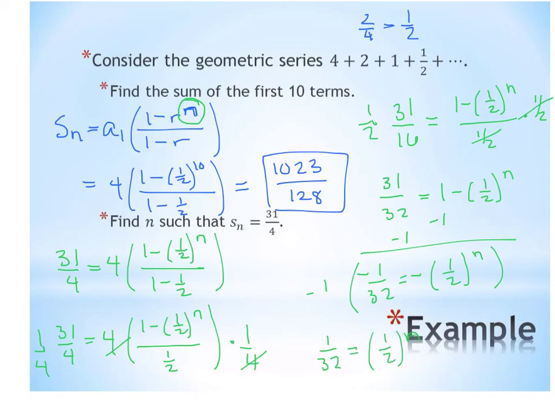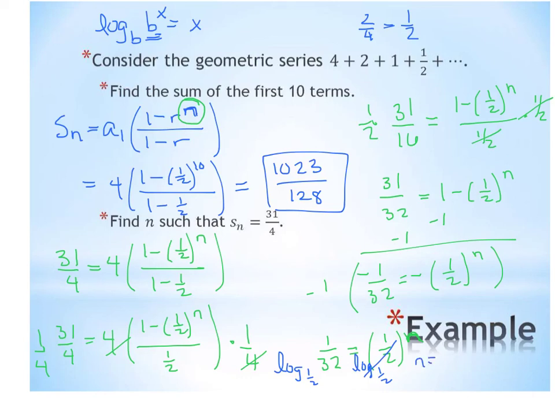And then the question becomes, how do I get rid of that half to get to the n? And you're going to go, oh yes, I'm going to remember my log properties of log base b of b to the x equals x. How do you get rid of a base? You take the log of both sides. So this needs to be log base a half of a half to the n. So log base a half of 1/32. So this all really kind of cancels.